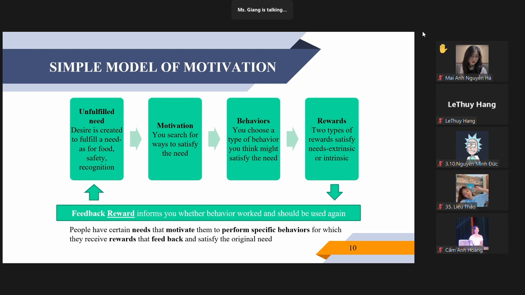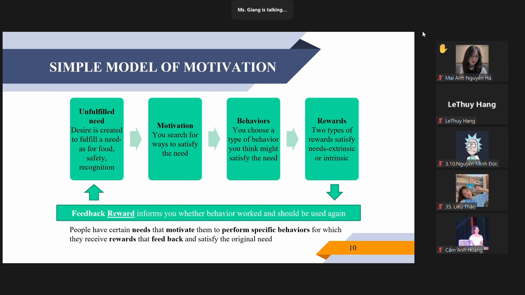So what are they? The first one, this individual should have the unfulfilled need. What is unfulfilled need? When we have the unfulfilled need, we will have the desire to fulfill a need. For example, seek for food, want to be safe, want to have the recognition.